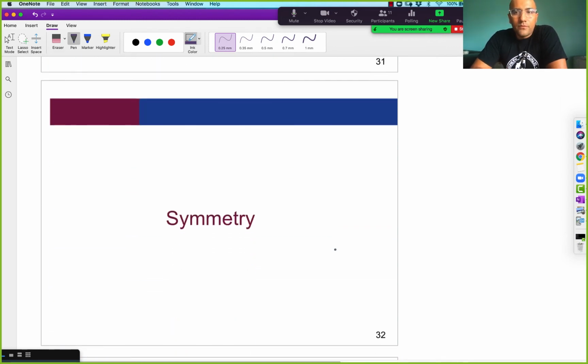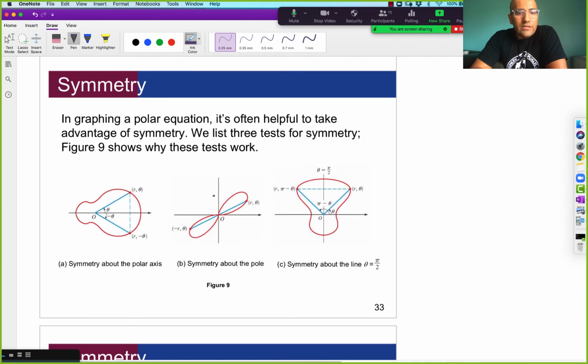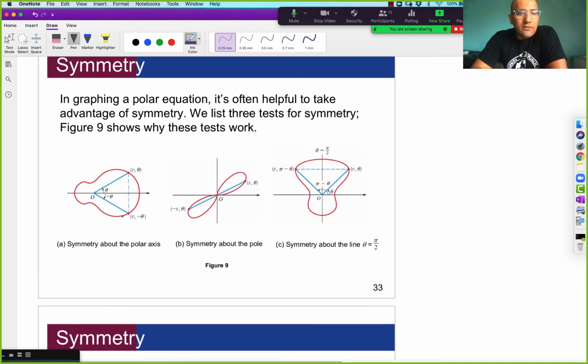To help us in doing these rough sketches, symmetry would be nice. So we establish 3 different kinds of symmetry with polar equations. So we have symmetry about the polar axis. That's this, that if we have angle theta and angle negative theta, we get the same R value.